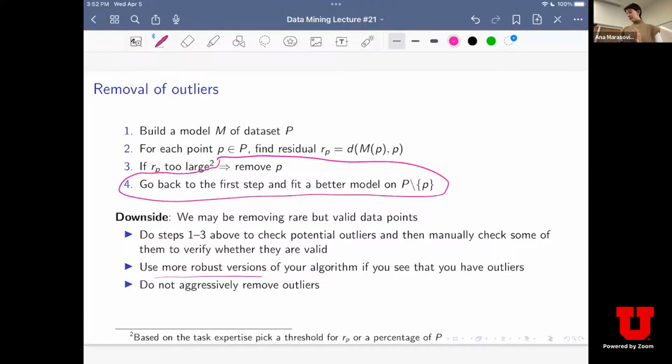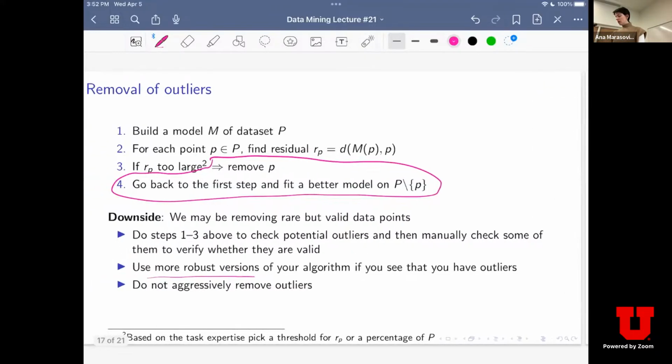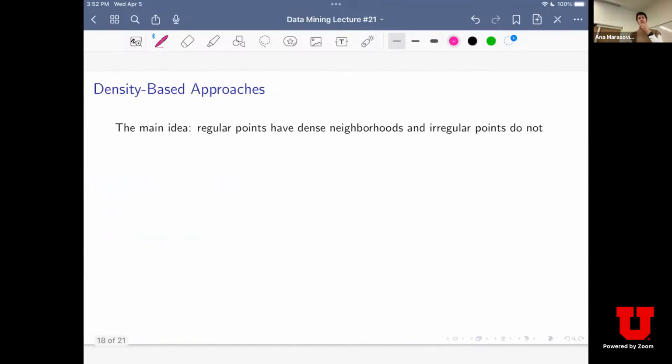Okay, so this is a very, very simple procedure, but this is basically what you would do to identify and remove your outliers. Now, there are so-called density-based approaches to handling outliers. The main idea here is that your regular points will have dense neighborhoods. They won't be so different from everything else, so there will be something around them.